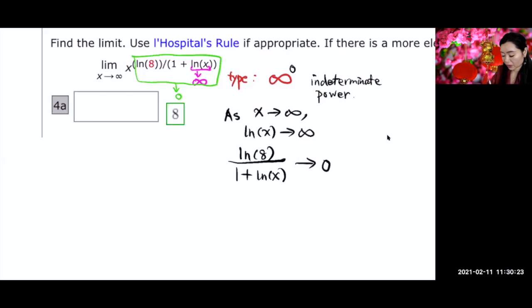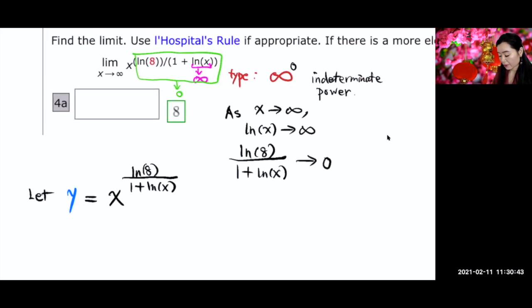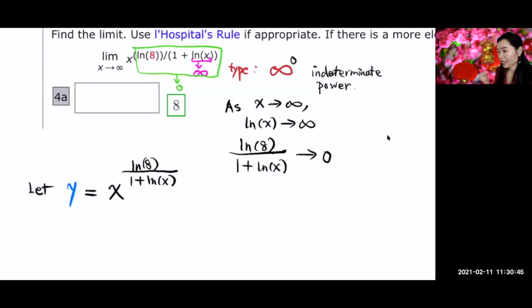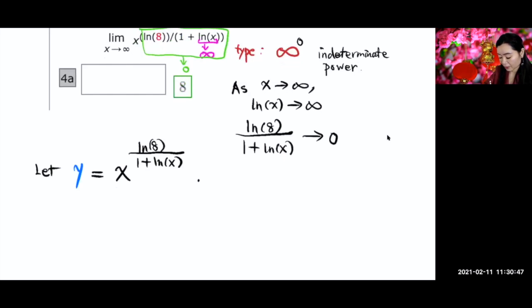So y is the function that we're taking the limit of. Okay, so let y equal this, and then you take ln of this. So we take ln of y.